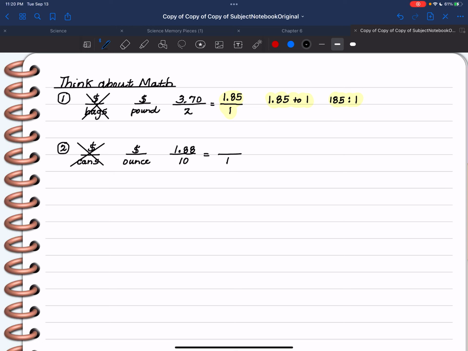So 1.88 divided by 10 is 0.188, or about 19 cents per ounce. So 0.19 to 1, or 0.19 to 1.